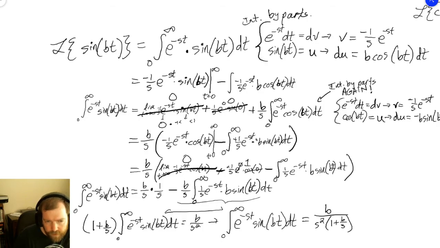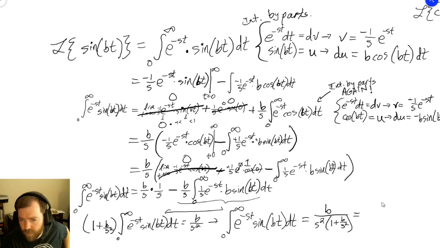Oh, I did forget this, however. This is a b over s times a 1 over s. So this should be a b over s squared, which is going to be b over s squared here.